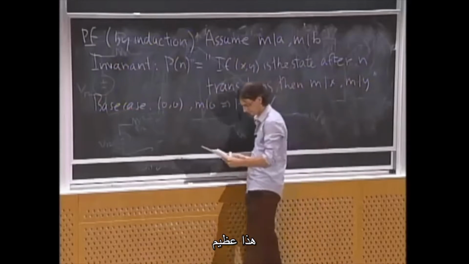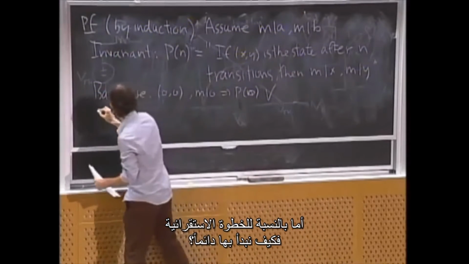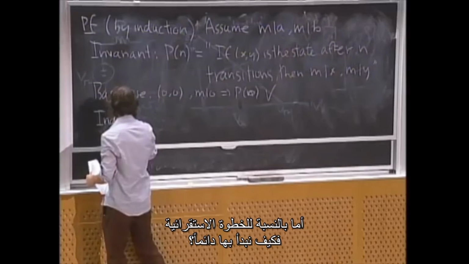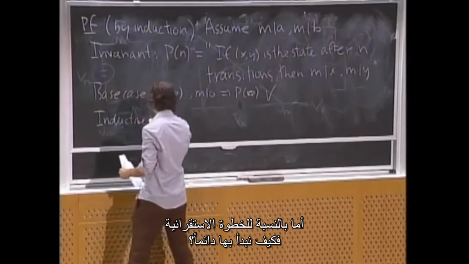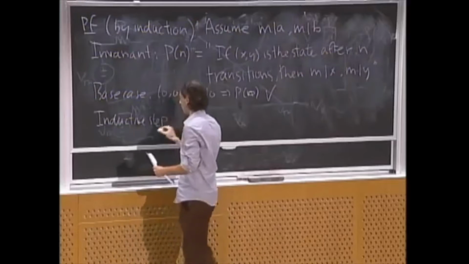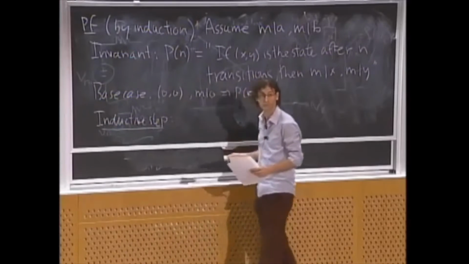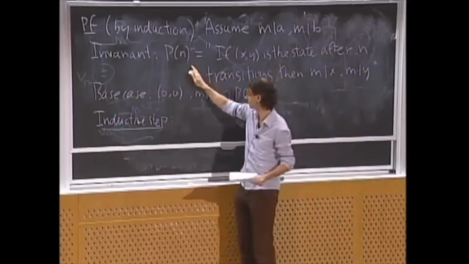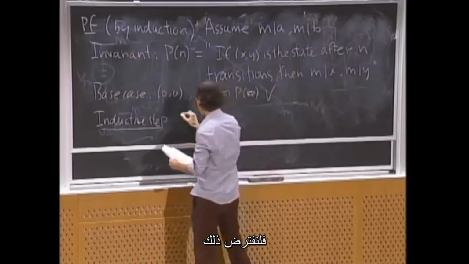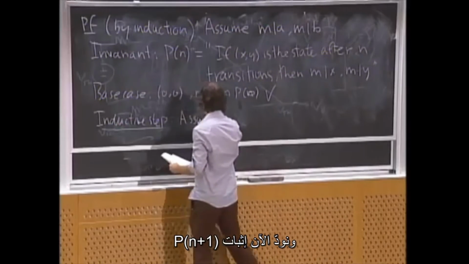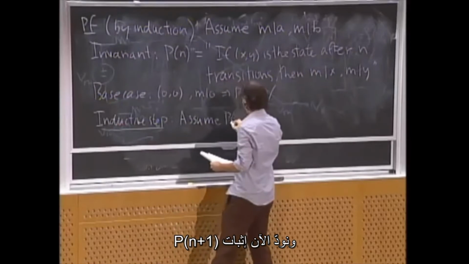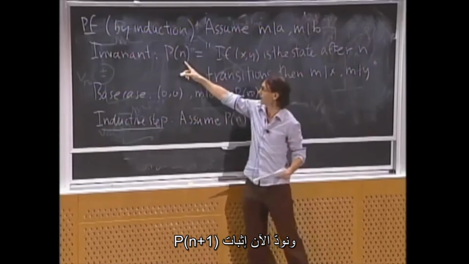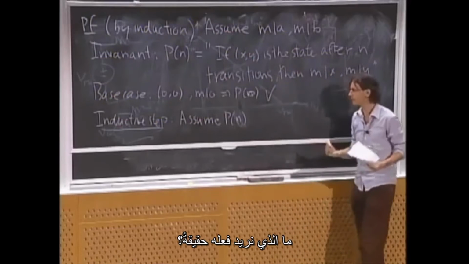So that's great. Now the inductive step. How do we start the inductive step all the time? We will assume P of n, right? So let's assume that. And now we would like to prove P of n plus 1. So what do we really want to do?